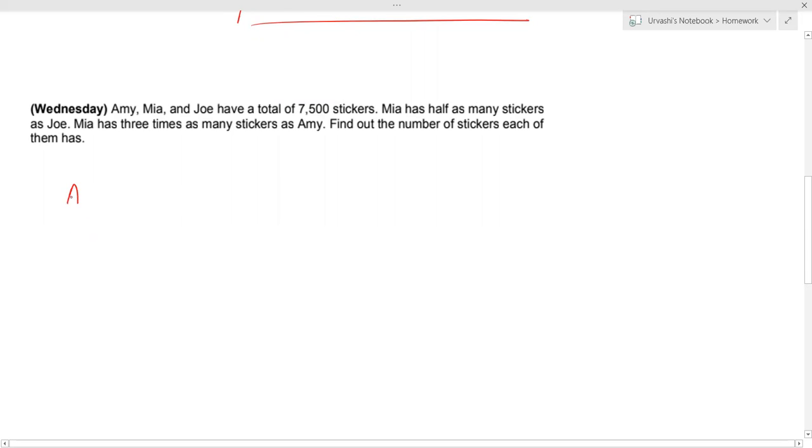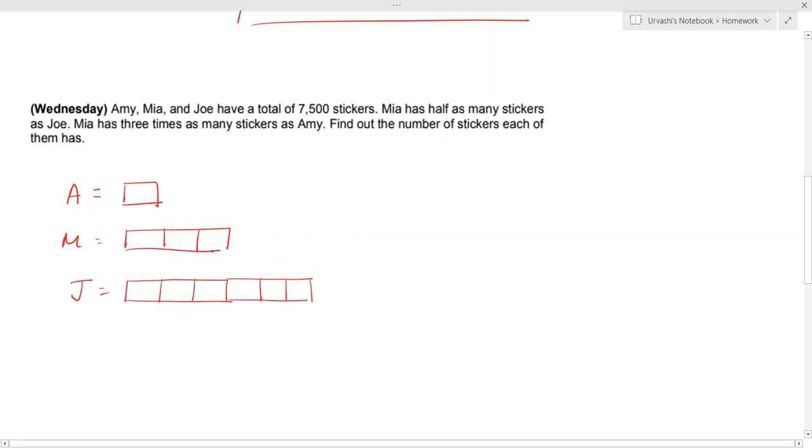So first draw, Amy has 1 block, and Mia has 3. And then Mia has half as many stickers as Joe. So you do 3 times 2, then it's 6, so make 6 blocks.